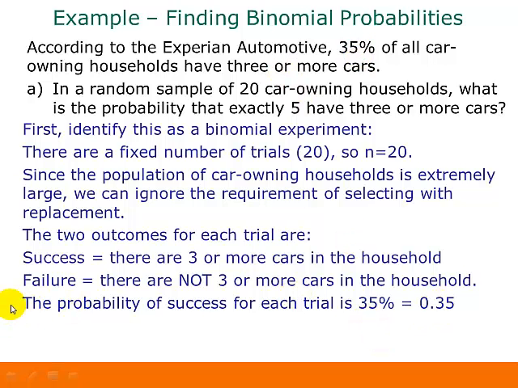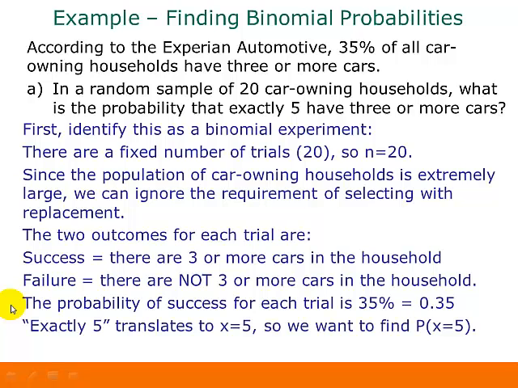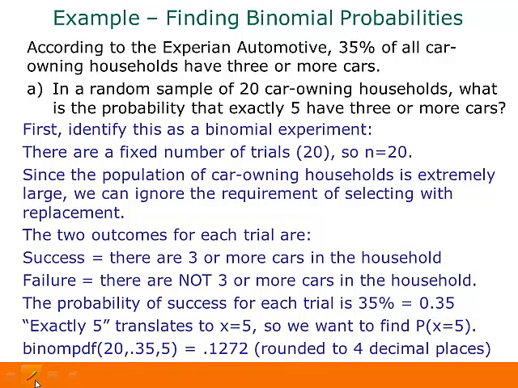So our p would be 0.35, and we're looking for the probability that exactly 5 have 3 or more cars, which means we're looking for exactly 5 successes. This translates to x equals 5. So what we want to find is the probability of x equals 5. On your calculator, you'd use this function, binomial PDF, and put in the n, the p, and the x, and you should get 0.1272, and I rounded this to 4 decimal places.